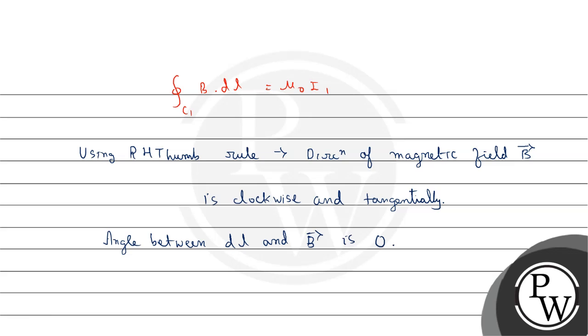So for loop C1, the closed integral of B dot dl equals mu naught I1.